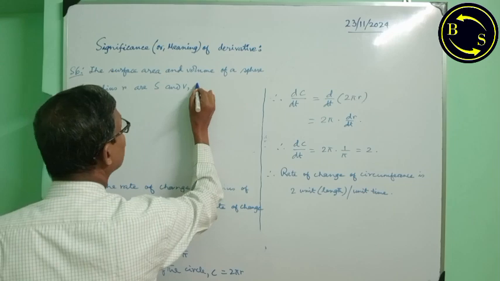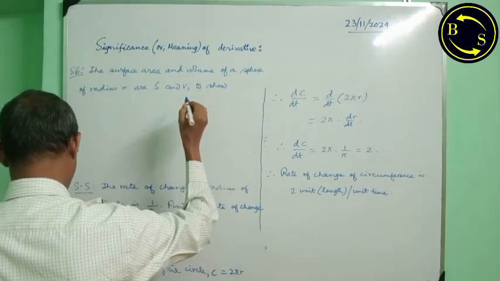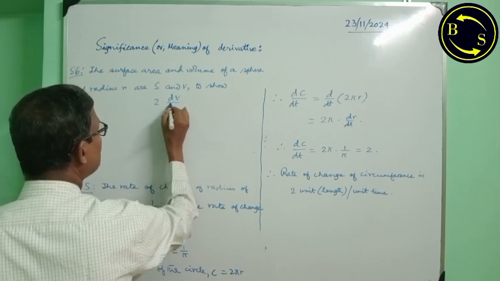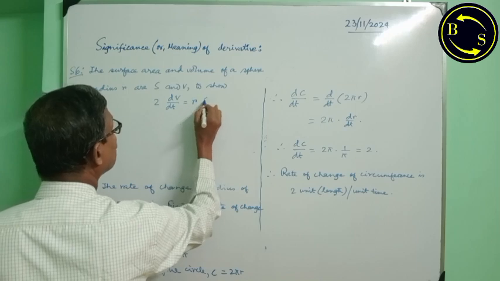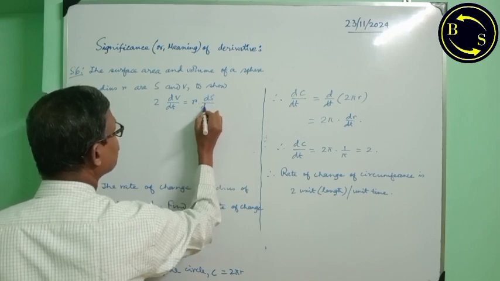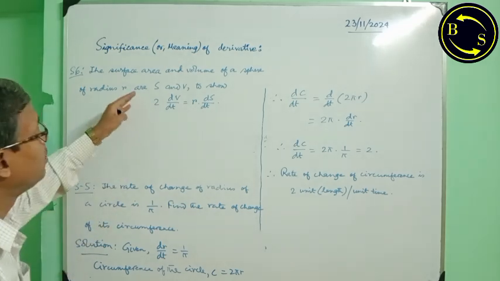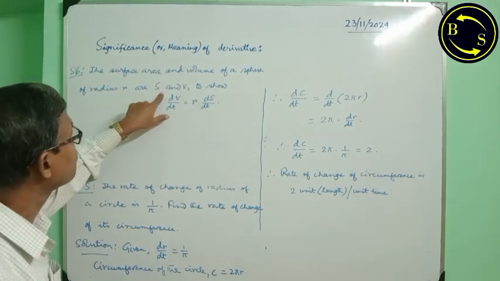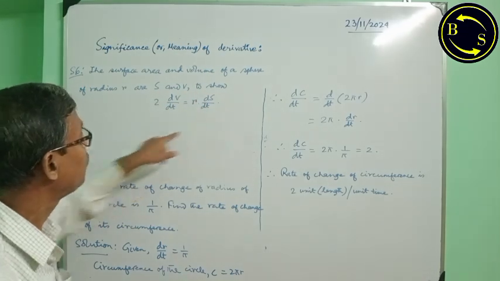Then we have to show 2 dv dt is equal to r into ds dt. For a sphere, radius is r, S is the surface area, and V is the volume. Therefore, we have to solve this one.